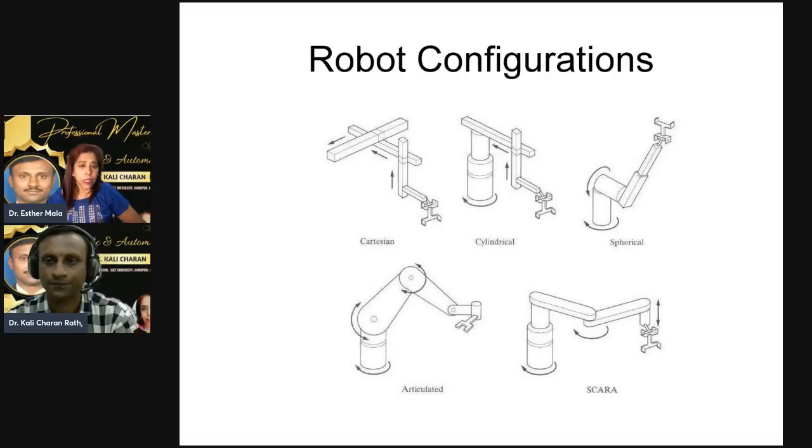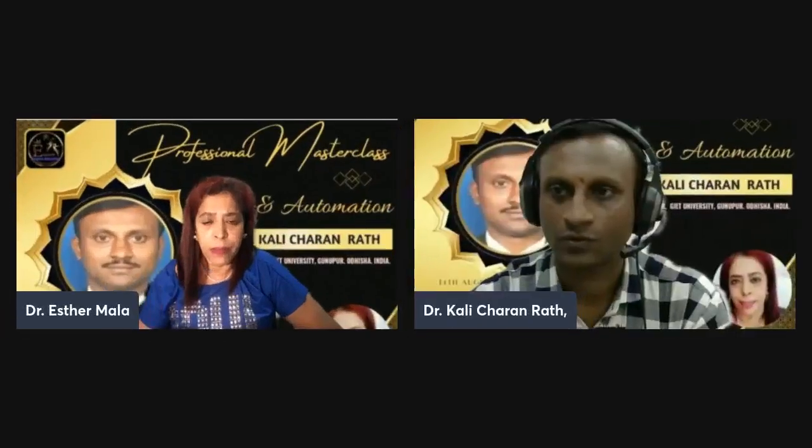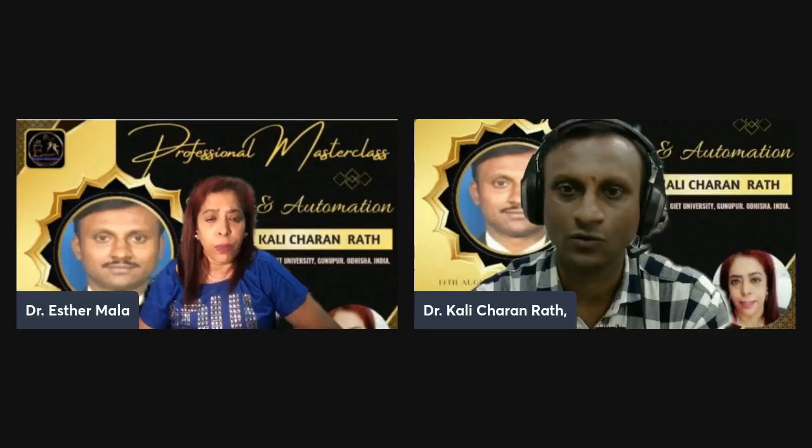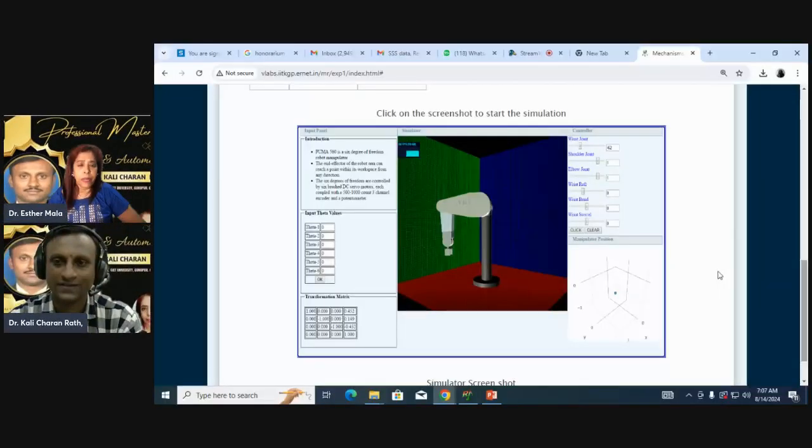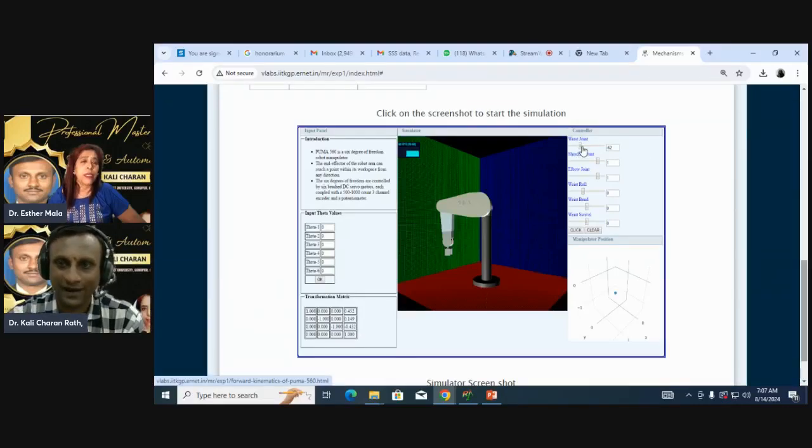No, you are still on the earlier slide. You have to come out of the earlier slide first and remove it. Okay, now I've removed it. Is it coming now? You have to add the screen there and the robot is there. Yes, the screen is here. I just added it. Now you can see it.